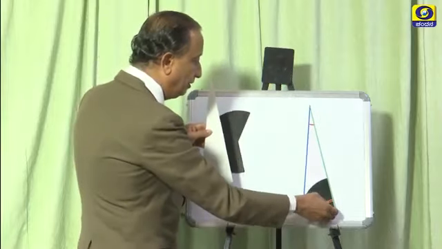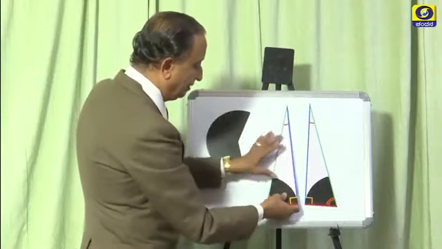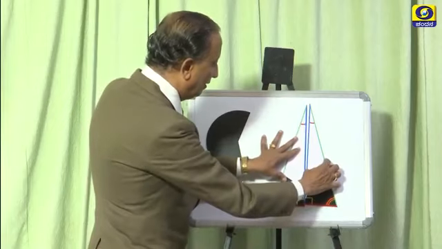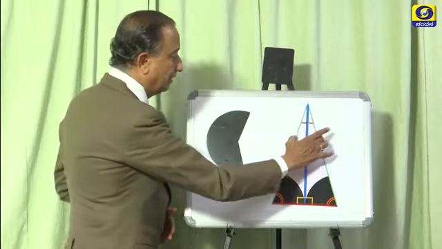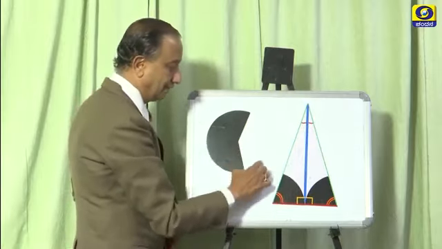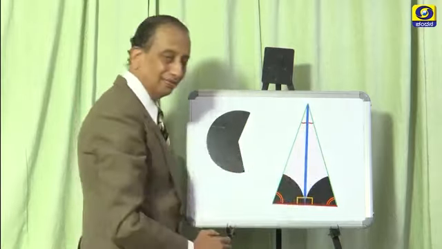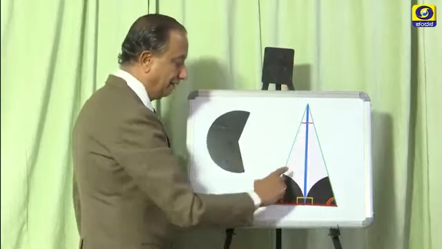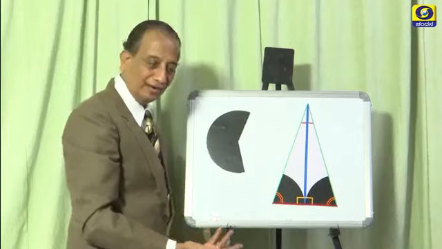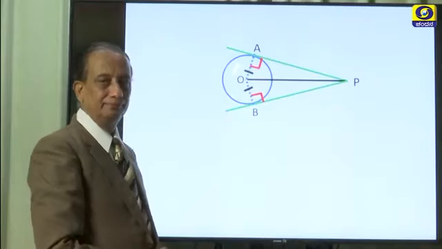Or if you keep it like this, see how it is going to look, they form an isosceles triangle, in which these two are congruent because of RHS.